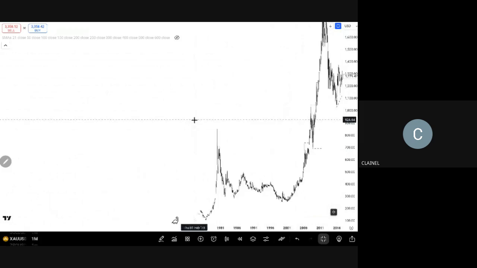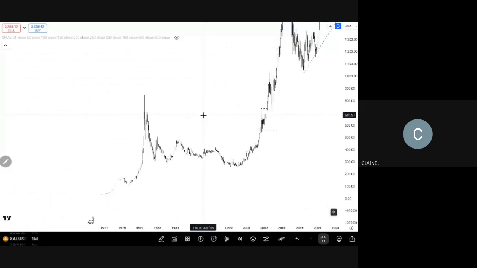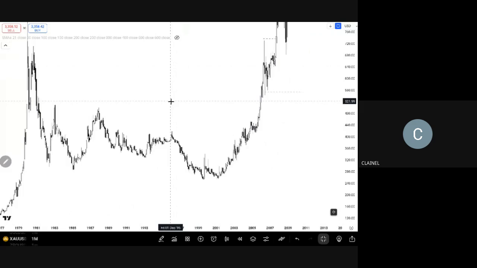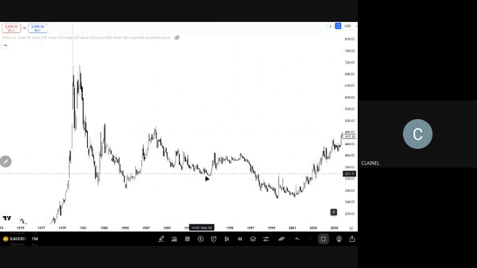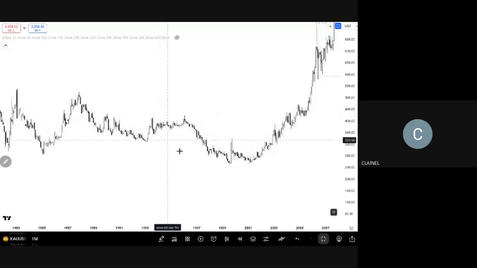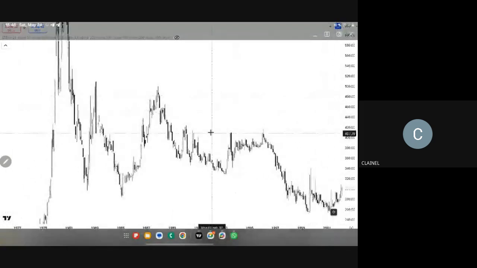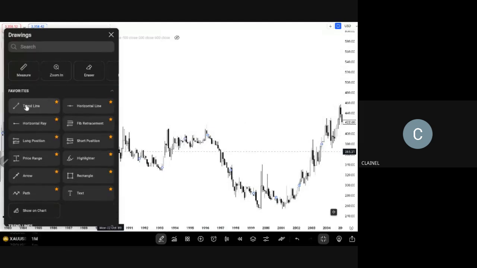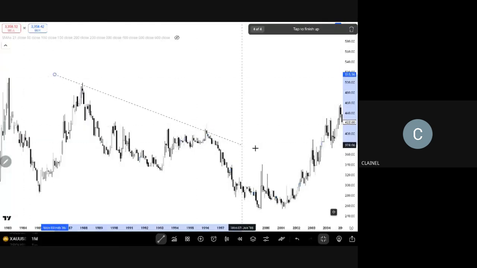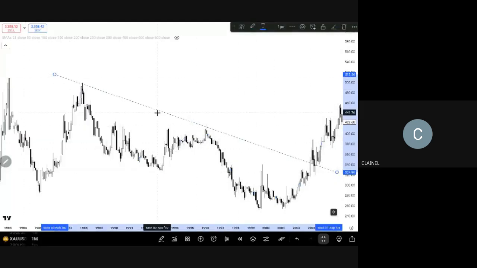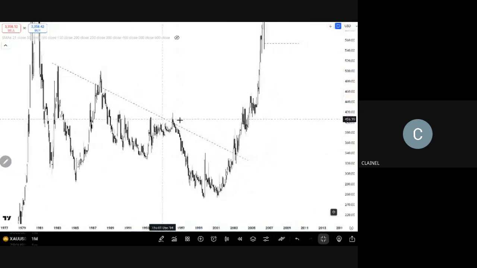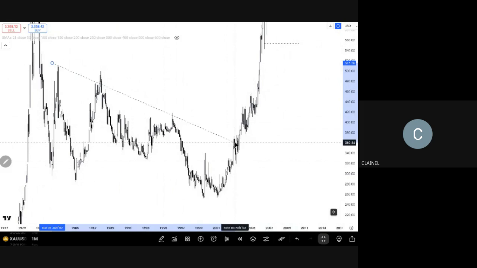Let's look for a downtrend here. We can spot this here as a downtrend. Yes, we can see a downtrend here because the market is trending downwards. Look at the direction. It's very easy to spot. See price going downwards in direction.